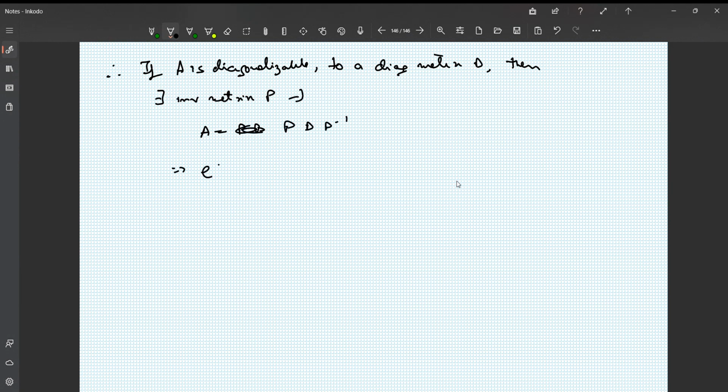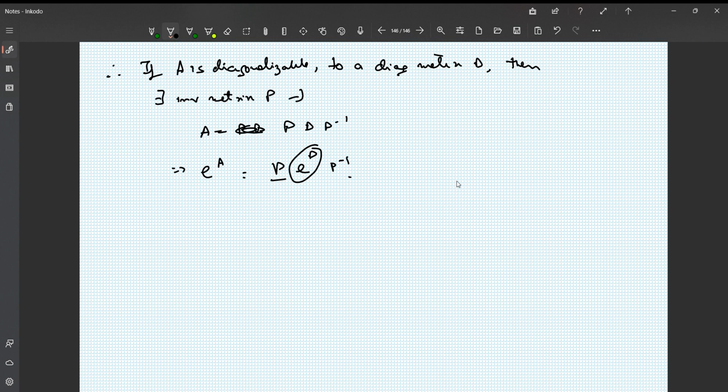That implies e to the power A, by what we just observed, is P e to the power D P inverse. And we know how to calculate e to the power D when D is a diagonal matrix. If D contains in its diagonal lambda 1, lambda 2 to lambda n, then e to the power D will just contain the diagonal e to the power lambda 1, e to the power lambda 2, and so on until e to the power lambda n. So we just need to calculate P and P inverse, that's it.